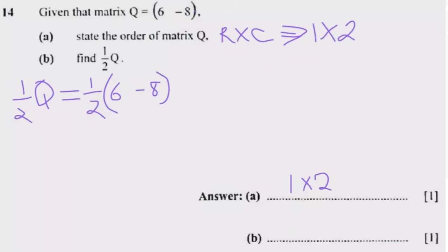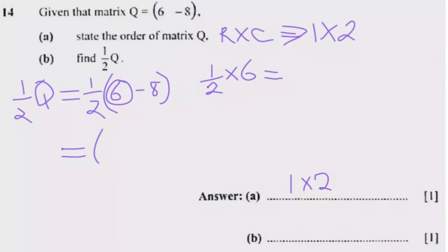So I can open the bracket here like this. Then I say 1 over 2 times the first number, which is 6, is equal to... When you're multiplying any whole number by a fraction, the easiest thing you can do is divide the whole number by the denominator of the fraction.